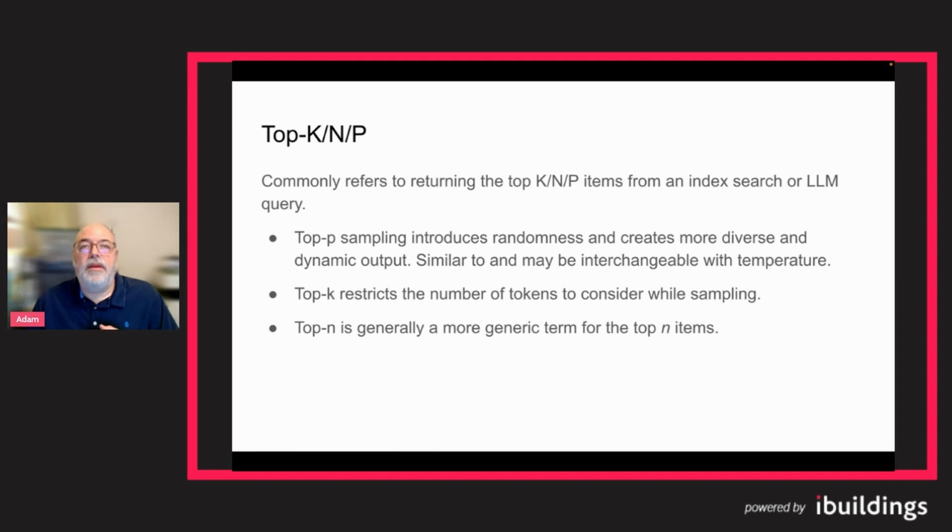It will create a larger domain to look into, and it will randomly pick pieces of that domain to use for its answer. Top K doesn't use any random sampling, and it restricts it down to a much smaller domain.